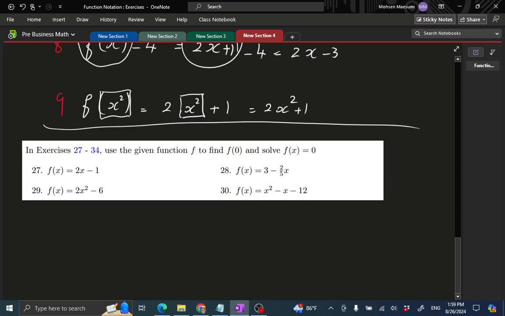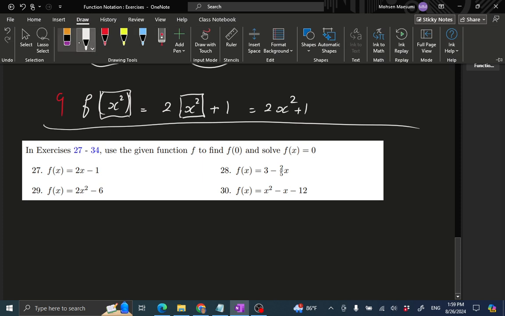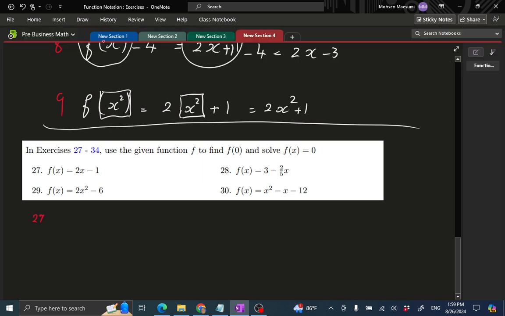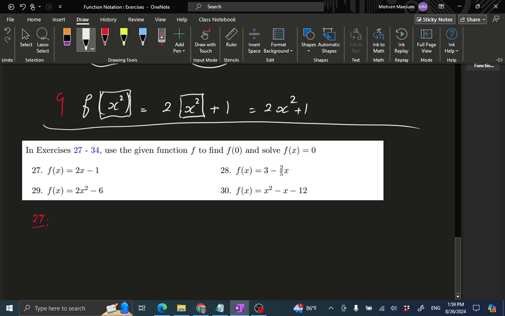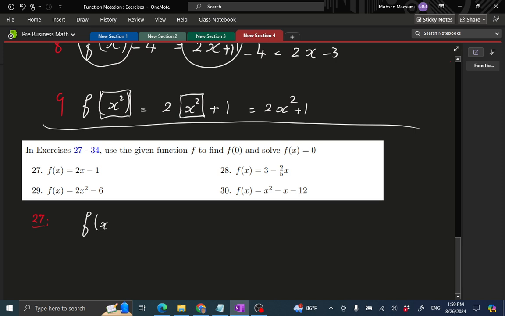Let's take problem 27, the first of these. We have f of x is equal to 2x minus 1. First, it asks what is f of 0. f of 0 is twice the input minus 1, and that simplifies to minus 1.